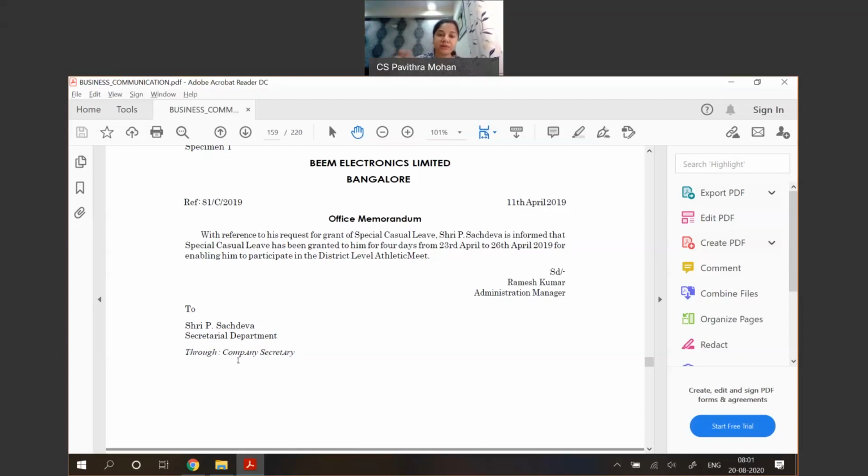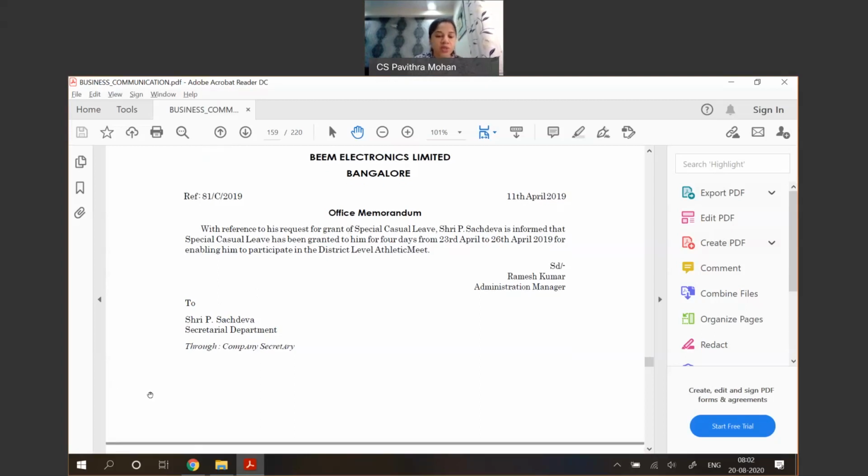So let's say the finance department is sending it to the sales department, but in between they require the help or assistance of the HR department. Okay, so it is sent by the finance department to the sales department through the HR department. Like that, we will give who is sending it, to whom, and through whom. Okay, this is basically a format of internal communication.